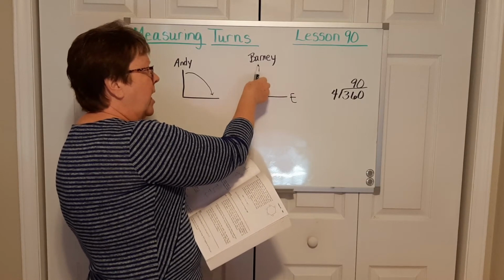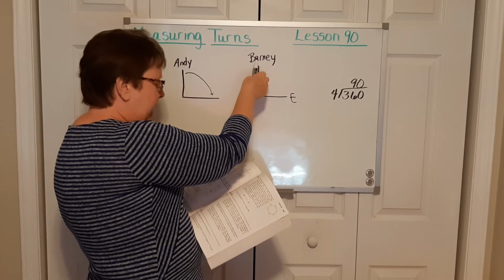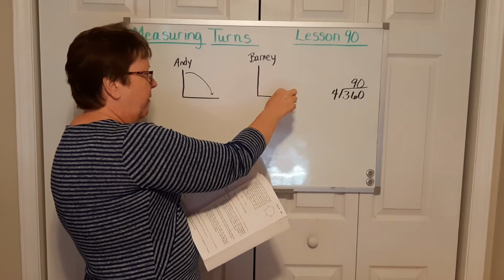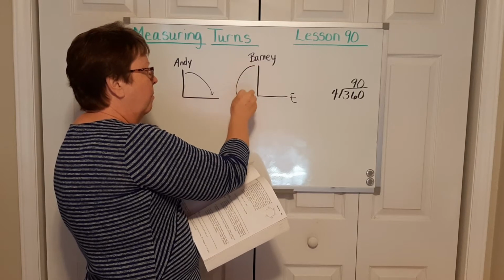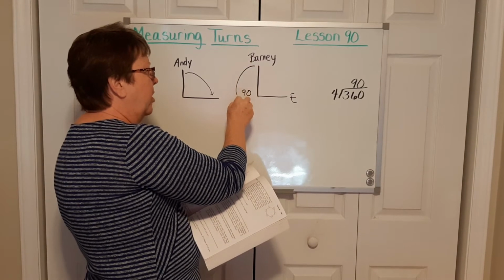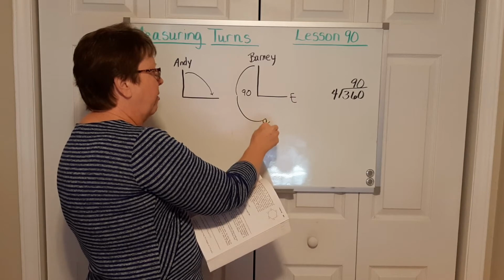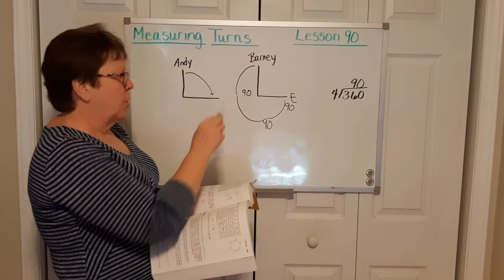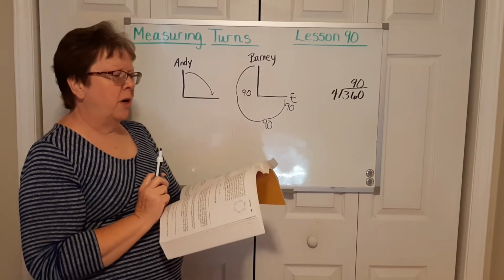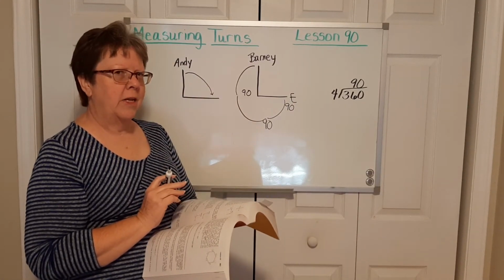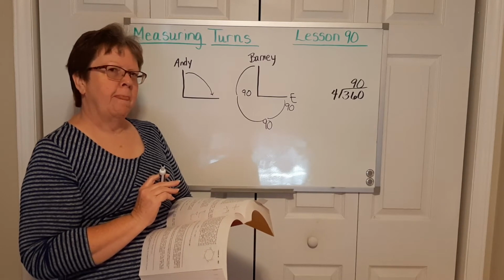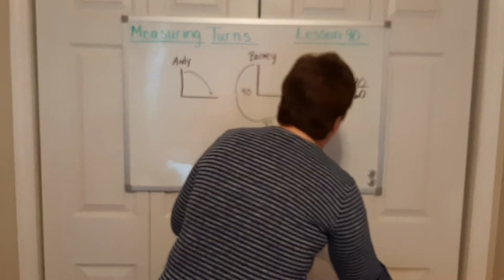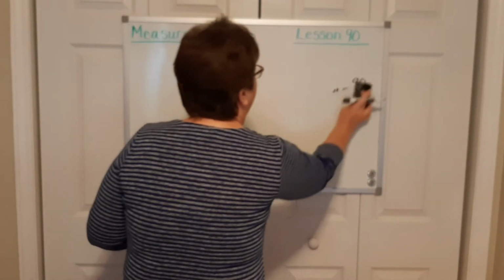So if he started here and he had to go counterclockwise to face east, he'd go here, that's 90 degrees. He'd go here, that's another 90 degrees. And then he'd go here, which is another 90 degrees. So our 3 times 90 would be 270 degrees. Okay? And you might need to go back and look at that in your book and go through it a little bit more too. It shows you some good diagrams there as well.